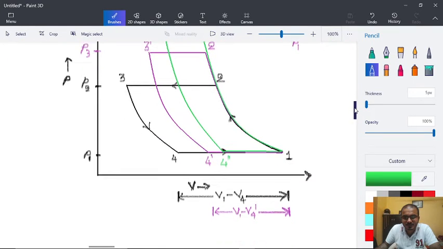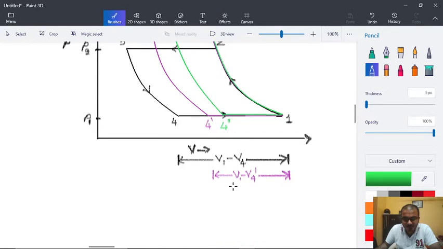Once again, we can see that the swept volume has further reduced, V1 minus V4 double prime. Actually these three are at the same location. I hope you are understanding this.